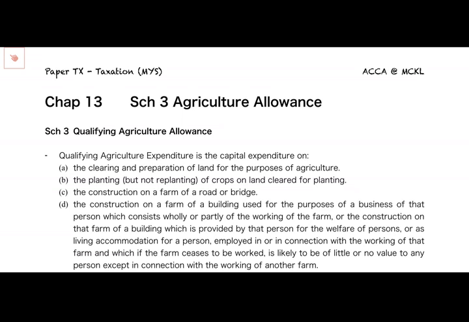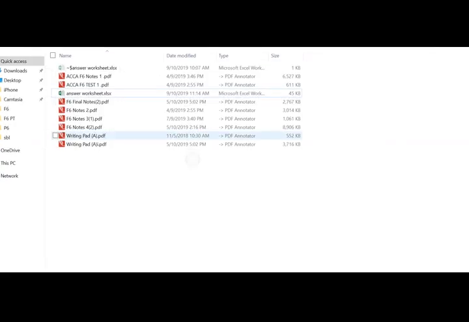But of course, agriculture is not just farming. Even aquaculture actually falls under agriculture. So even if you say you have a fish pond, all that, it's still under agriculture. Okay? Now, we are introducing you one more allowance that we have not come across in the past.